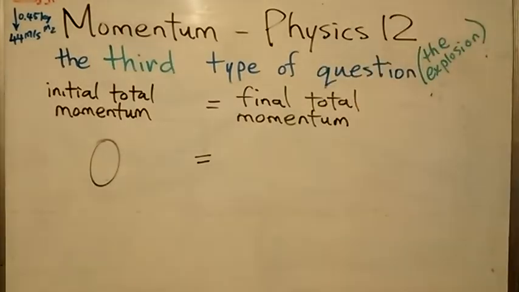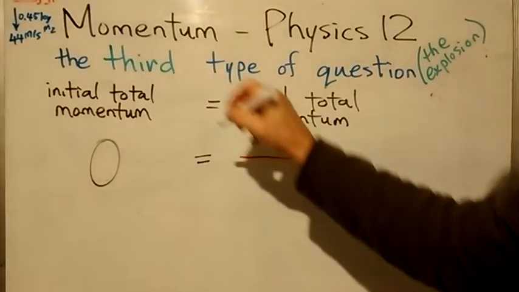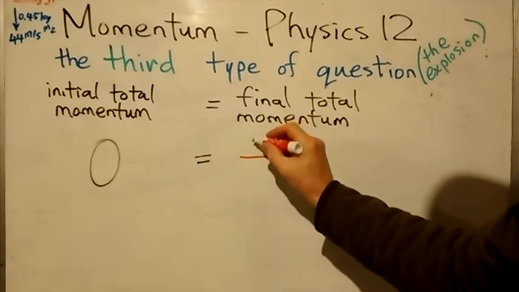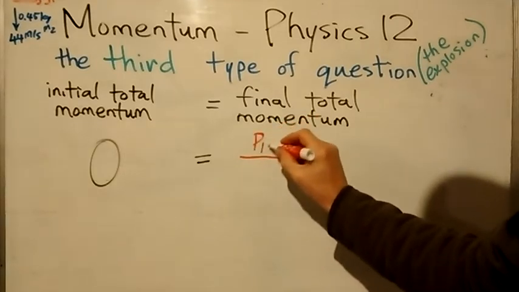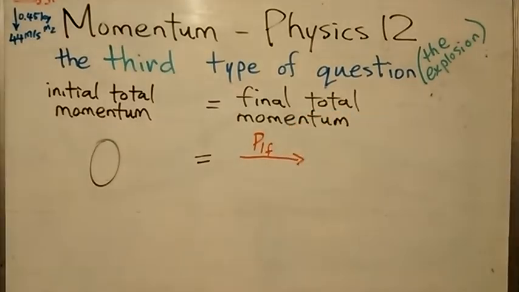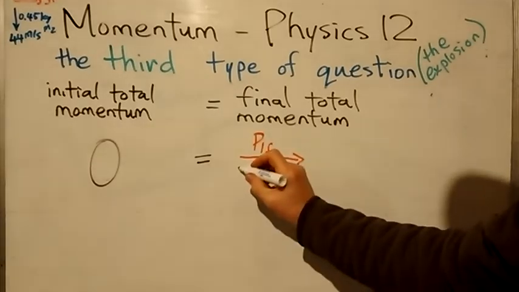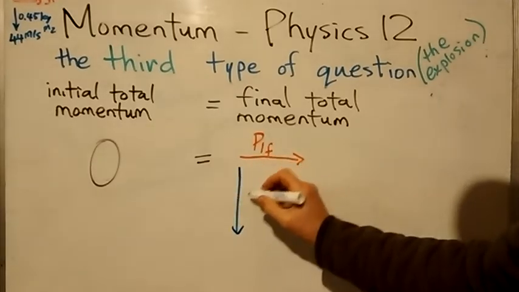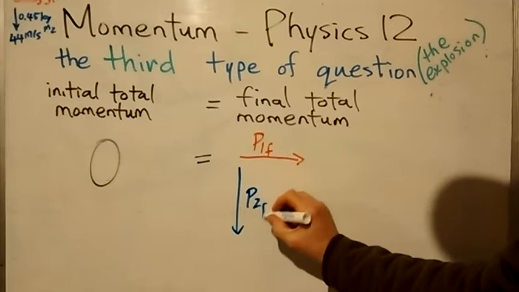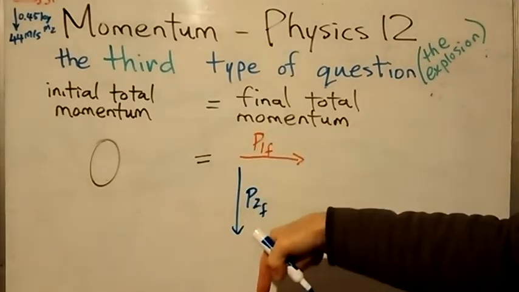After the explosion, we said that one of the particles, M1, is moving in that direction at 31 meters per second. So this is P1 final, and P2 final, the momentum of the second object, was down in this direction, and it was its mass, which was 0.45 kilograms, times 44 meters per second.